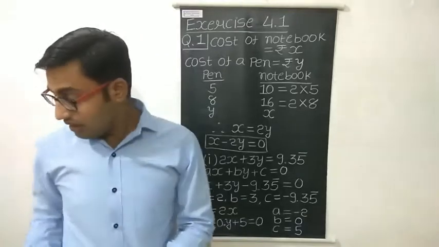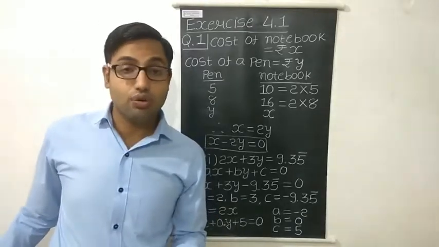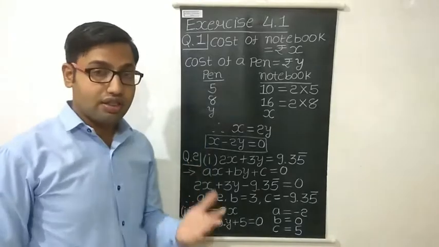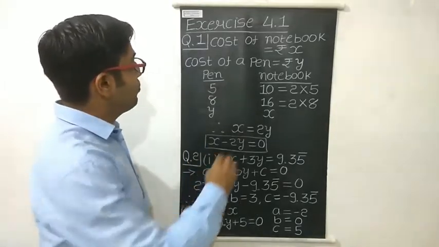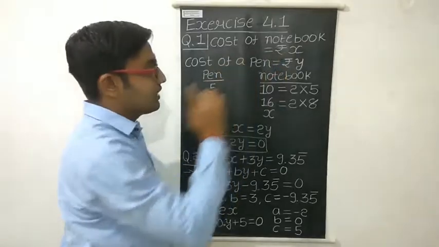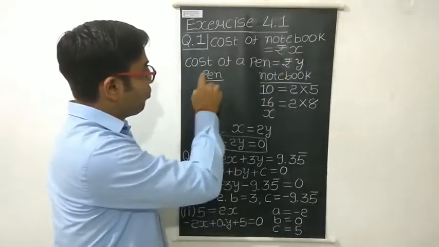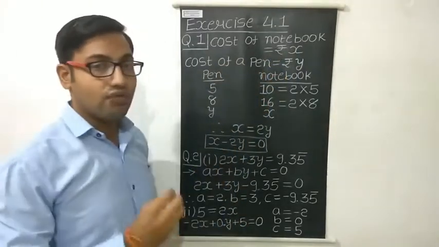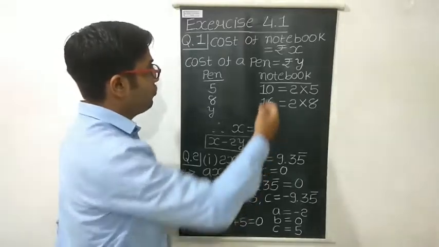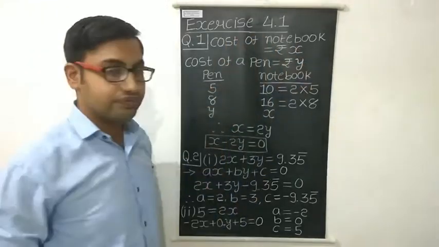So we have to take the cost of a notebook as rupees x and the cost of a pen as rupees y. So here we have two variables, x and y.